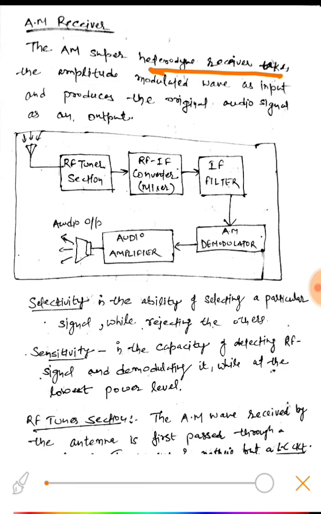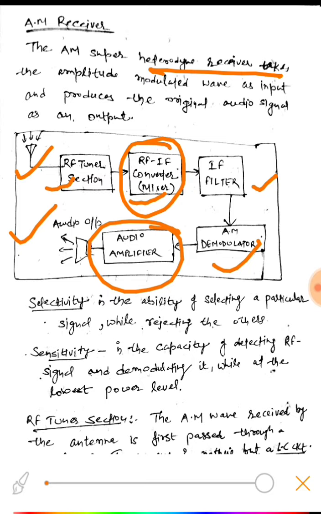This is the basic diagram of an AM receiver, which consists of an antenna which receives the signal, then an RF tuner section, then a mixer, which we have already seen, then a filter, then a detector, and lastly the amplifier.